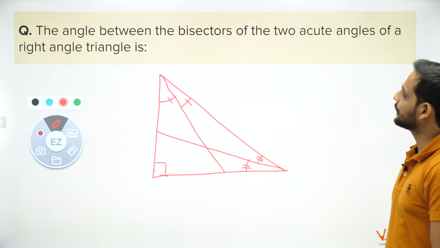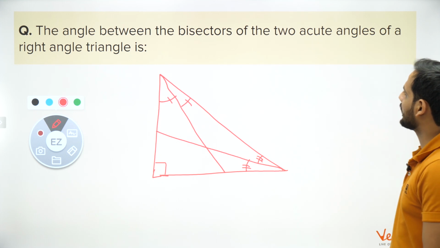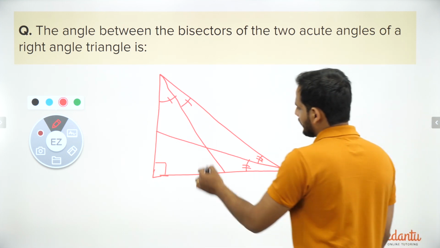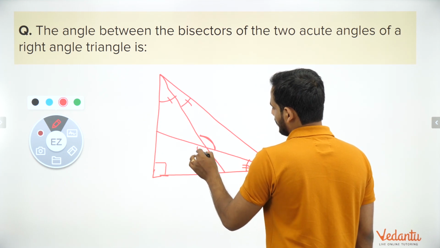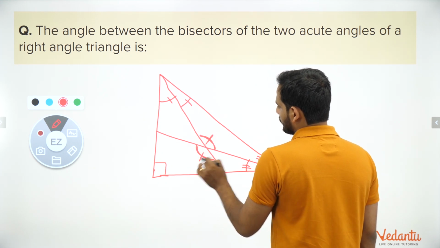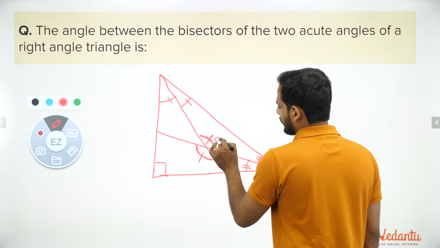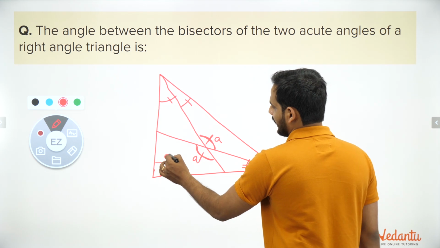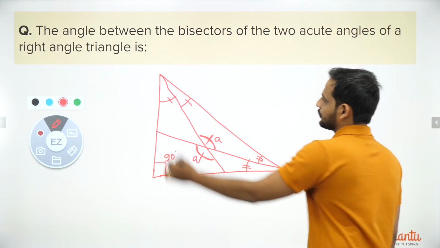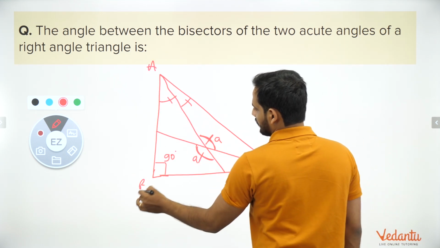We have to find the angle between the bisectors of the two acute angles. That means we have to find this angle or this angle, because both will be equal, as they are vertically opposite angles. Let us say this is A, this is also A. Now this is triangle ABC.